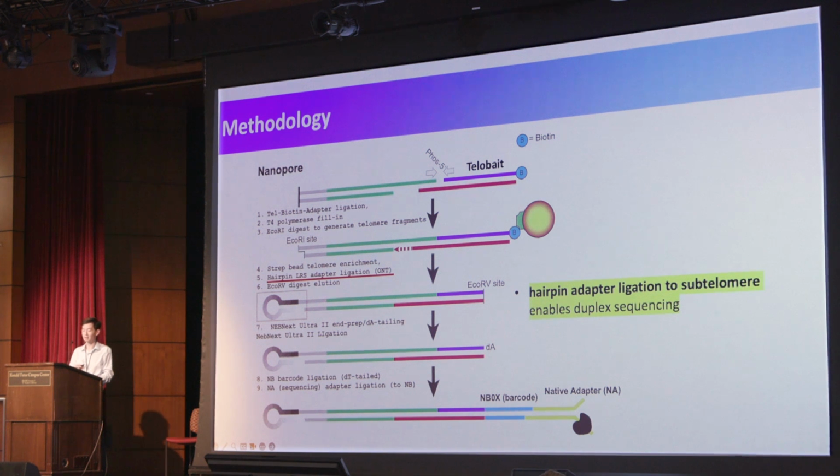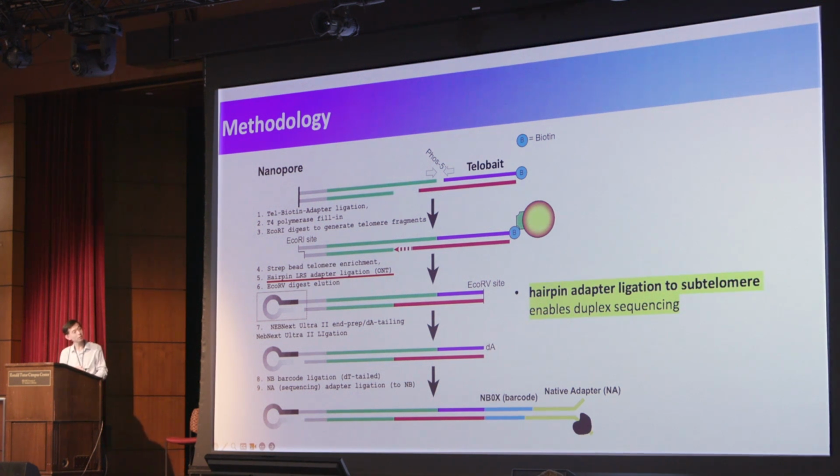This involves a telobait which is biotinylated on the 3' end of the top strand, shown here, followed by T4 DNA ligation and T4 polymerase fill-in to fill in from the C strand of the telobait up to the junction for the 5' end of the telomere. Then I perform EcoRI restriction enzyme digestion and immobilization on strep beads, followed by hairpin ligation.